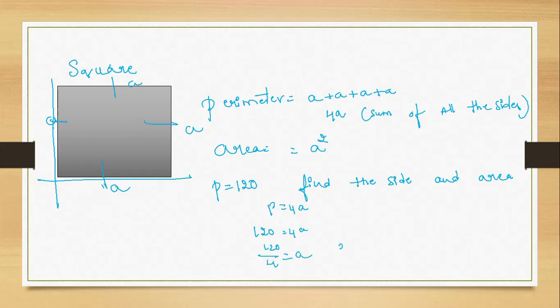Then a is 30, so each side is 30. If they ask us to find the area, we know that area is a squared, 30 into 30, that is 900, the area of the square. In this way we find the area and perimeter of the square.